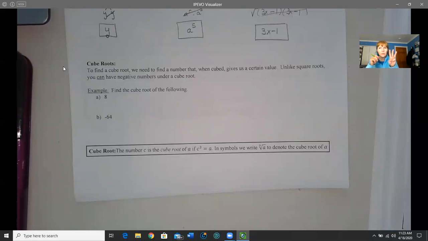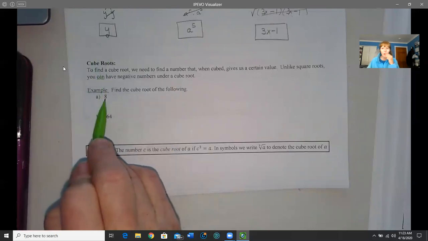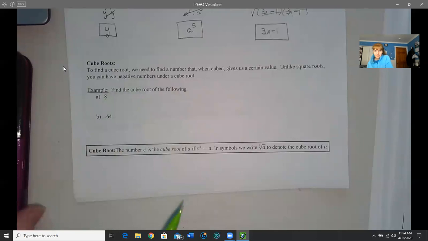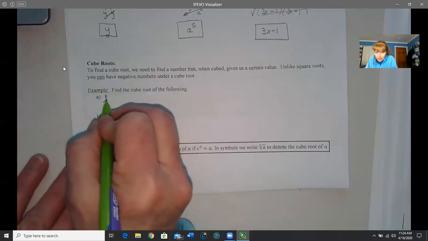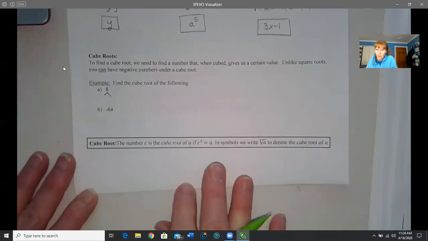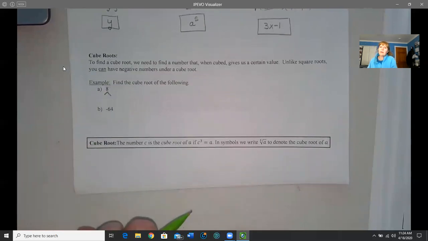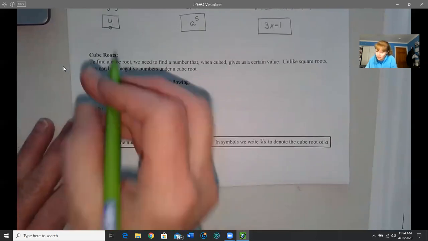So we're looking for 3 of the same thing multiplied together that give you this number. What are 3 things that, multiplied together, give us 8? That would be our cube root. So here, I'm going to take this apart. We use quite a few tree diagrams when we're reducing these radicals.